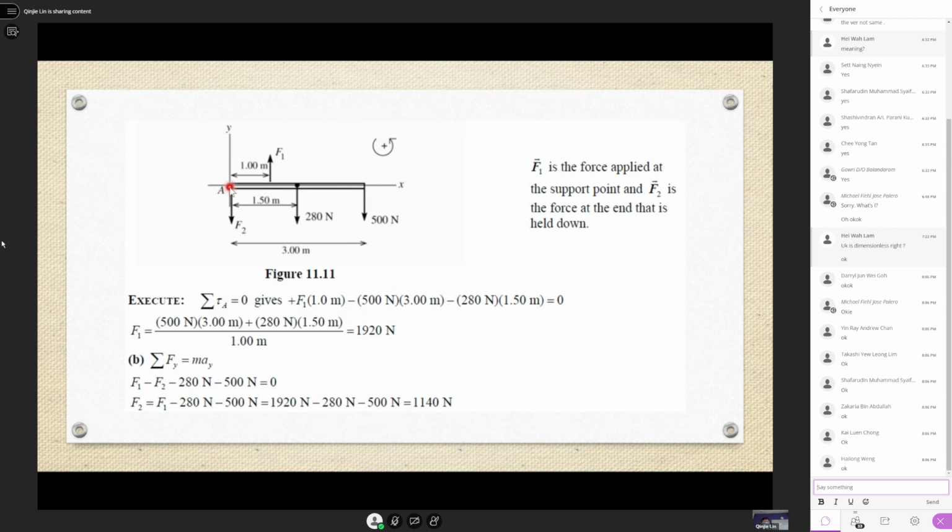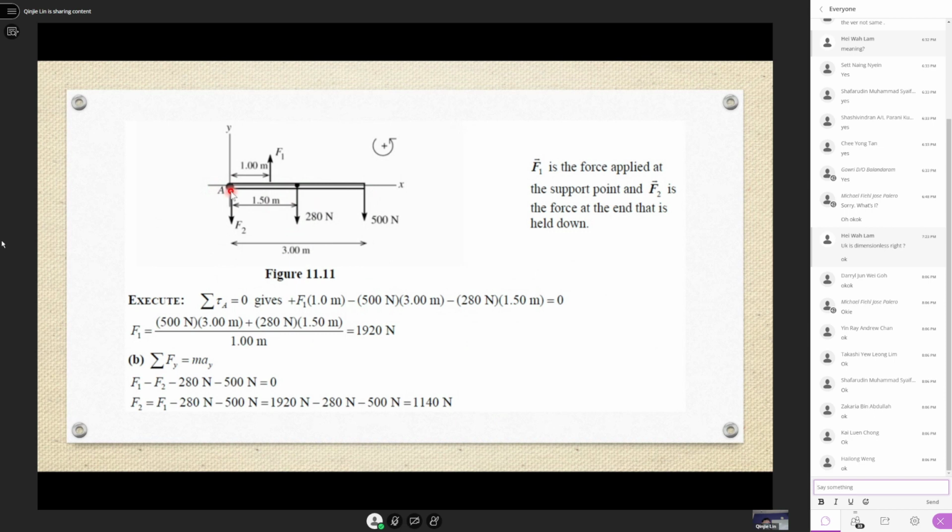Then the last force is your 280 times your 1.5. Also, you will minus this value because it's acting clockwise. The whole thing equals 0. You see, you take a summation of torque about point A, very strategically, you already eliminate F2 from this equation.